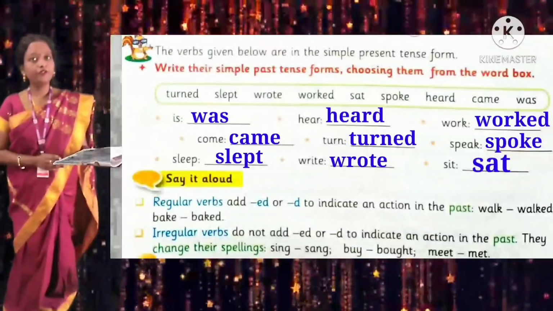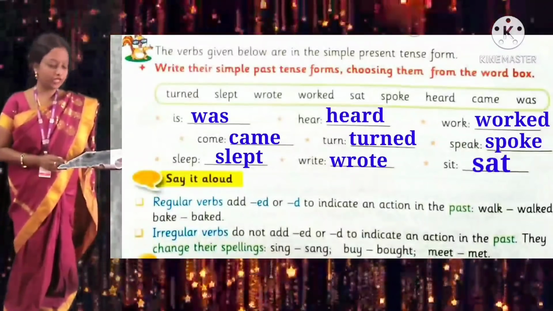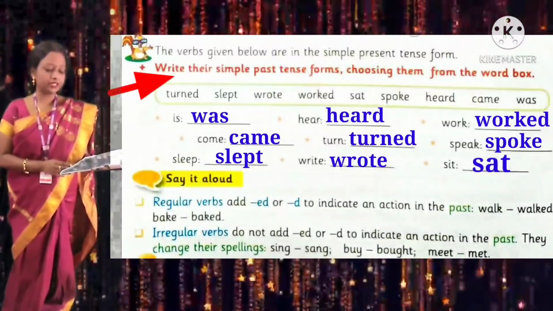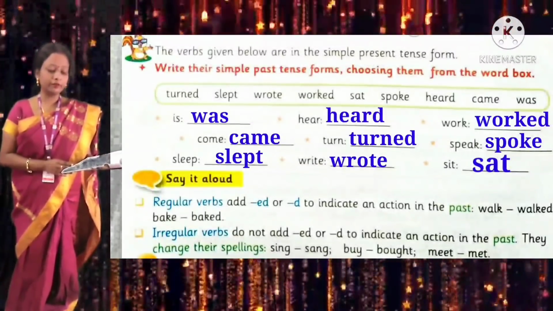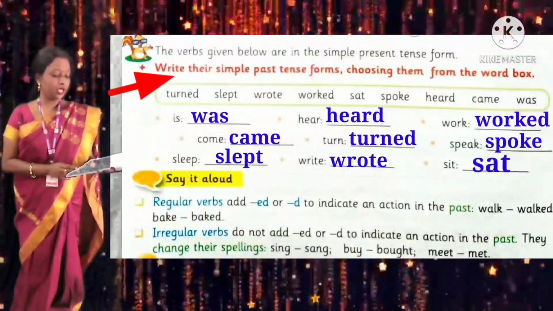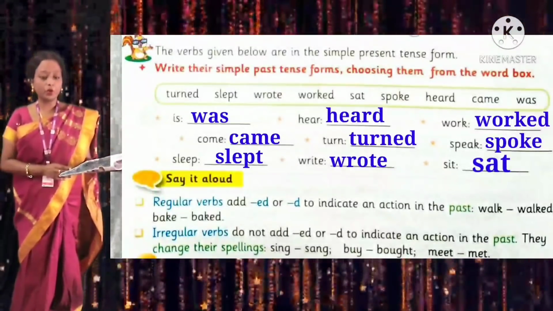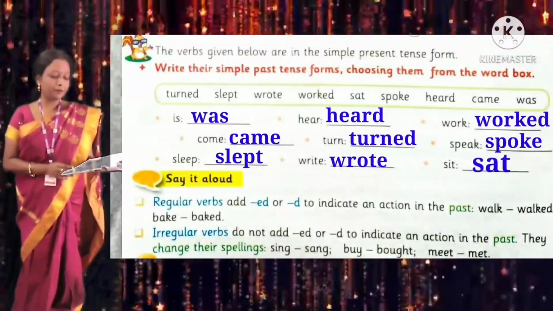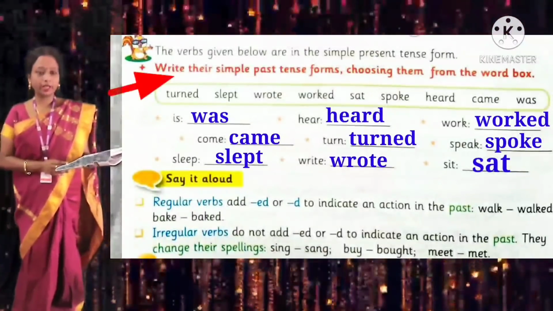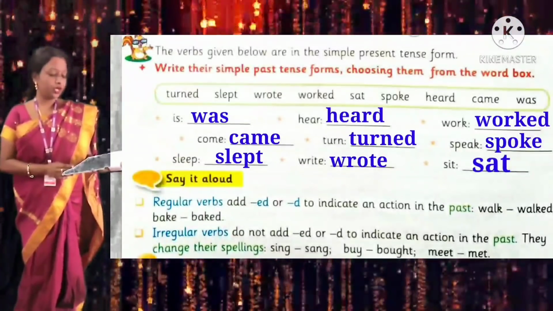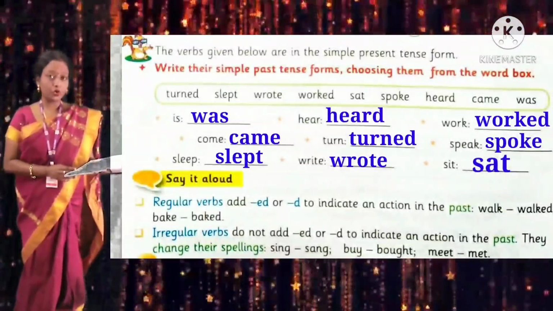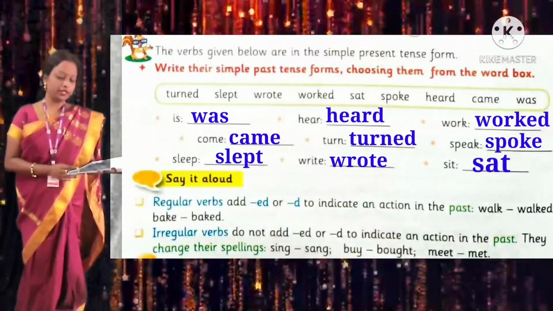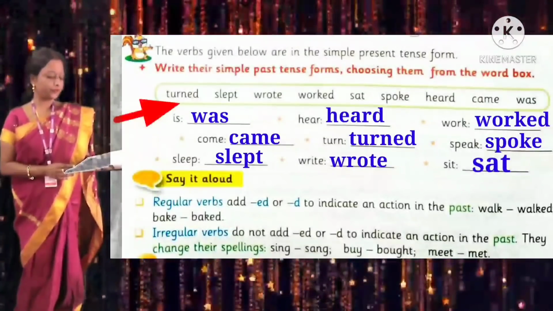Now again we will have a small recap of this exercise. Write their simple past tense forms, choosing them from the word box. Again, the verbs given below are in the simple present tense form. Turned, slept, wrote, worked, sat, spoke, heard, came, was.